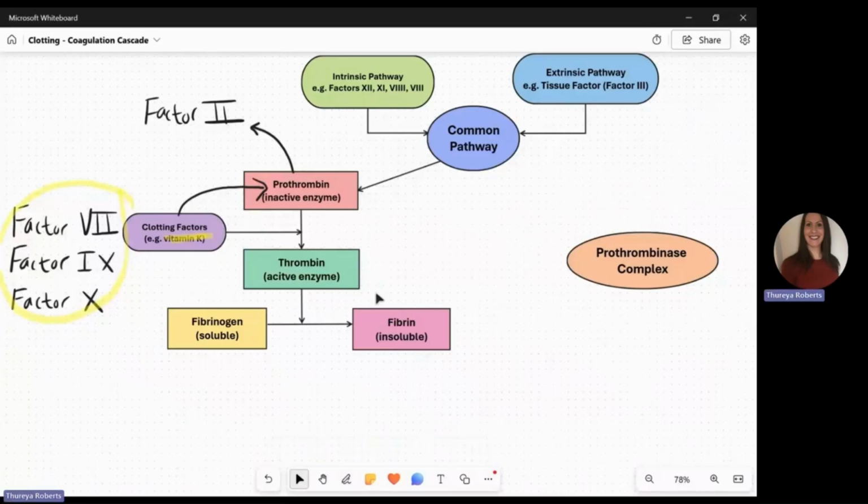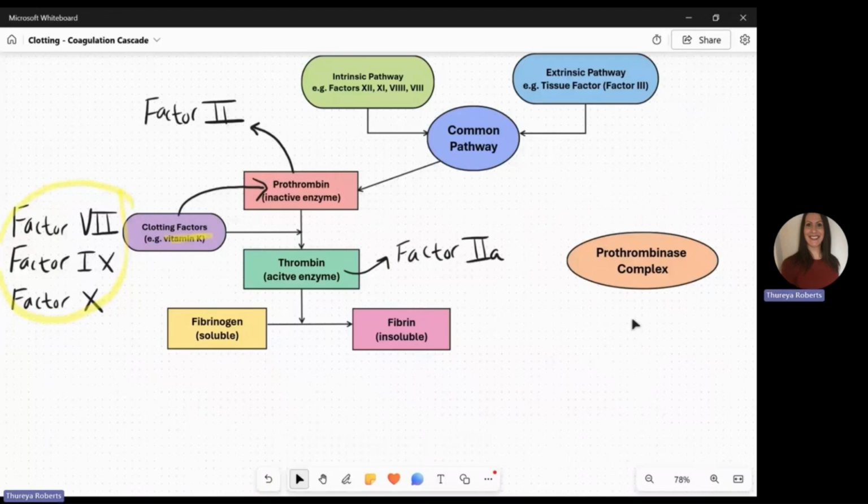Once activated, prothrombin is converted into its active form thrombin, shown here in the green box. Thrombin is also known as activated factor 2A, written like this, factor 2 with a small letter A. So activated factor 2A, or thrombin, is the central enzyme in the clotting cascade and it drives the next key steps forward.